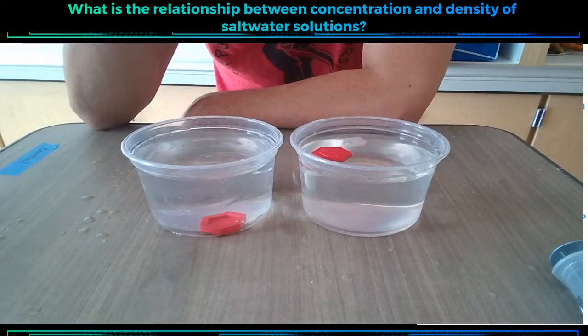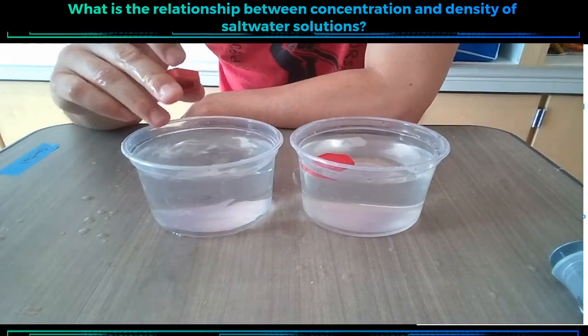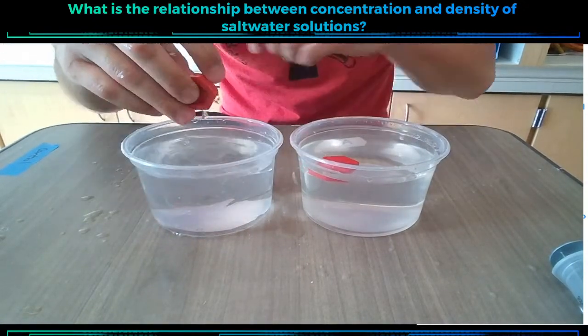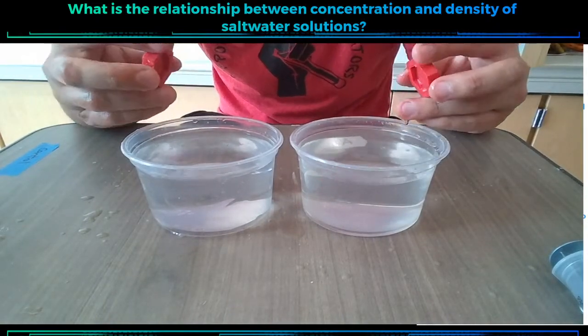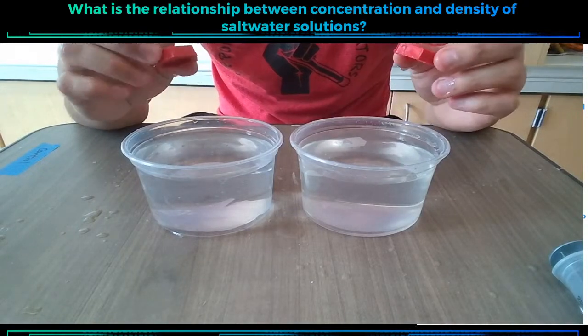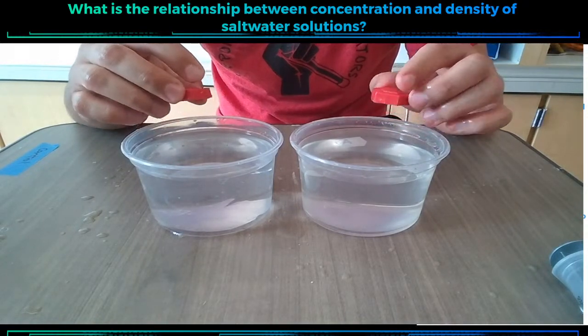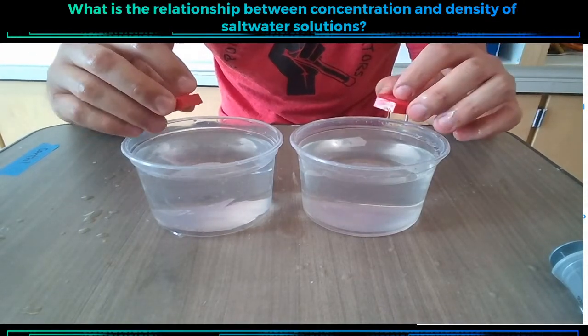What? Okay, hold on. Lily's saying surface tension, and she's an expert on surface tension, which is the tension at the top of the surface of a liquid. So what I'm going to try and do is eliminate that surface tension. Okay? So I'm going to put them in gently, because maybe the surface tension is keeping one of them at the top.